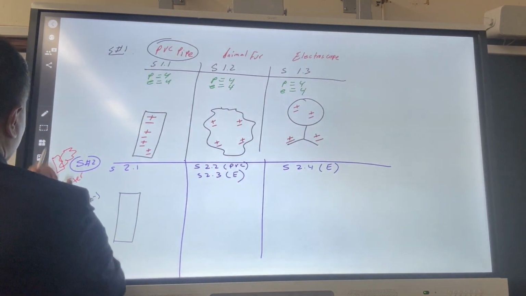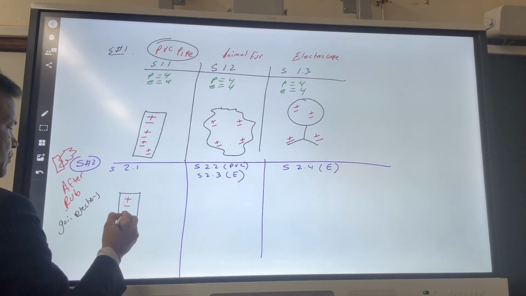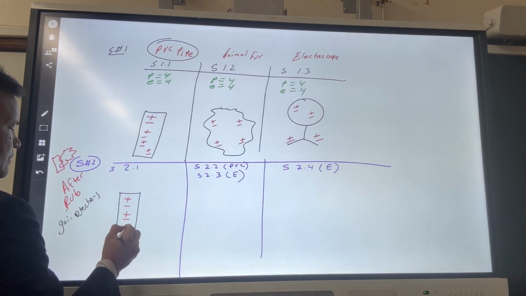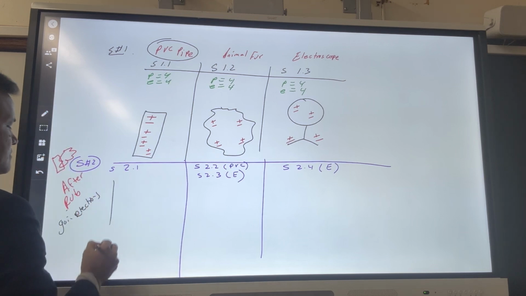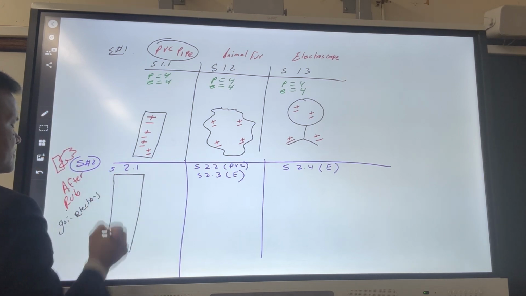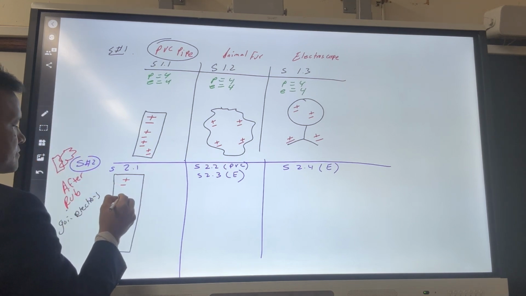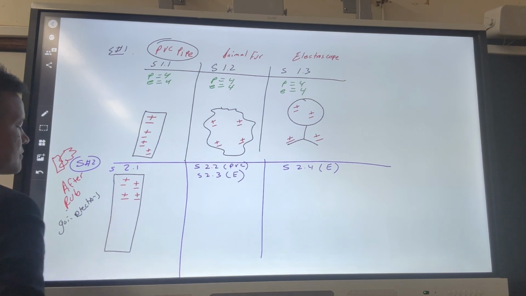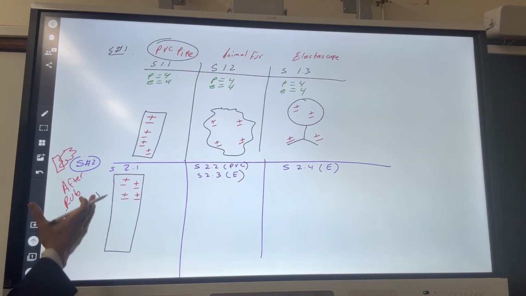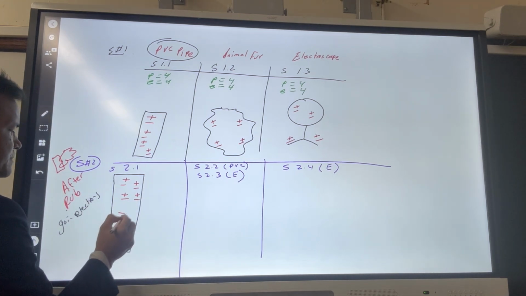Okay. So let's draw it again. Okay. Okay, so 4 electrons, 4 protons, and let's say 2 electron transfer.